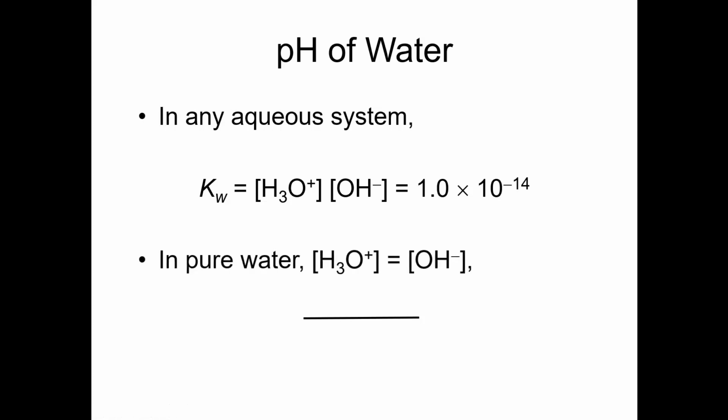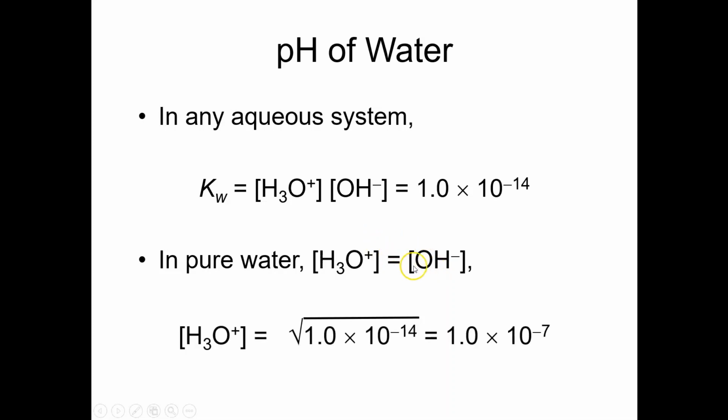In pure water, because I haven't added any additional hydronium or hydroxide to it, these two species are forming at the same rate, right? Every time two water molecules react with each other, I get one hydronium and one hydroxide. That means that in pure water, in which I haven't added any acid or base to it, the hydronium ion concentration is going to be equal to the hydroxide ion concentration.